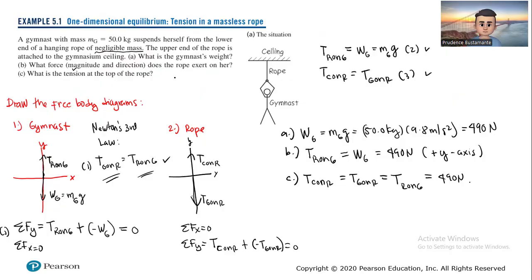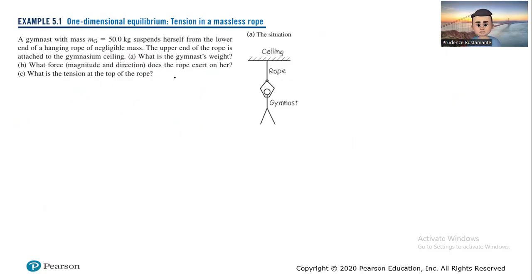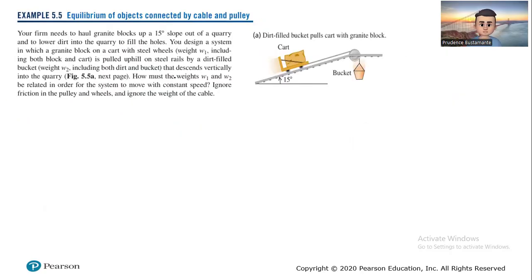Okay, so let's start on another problem here. This is equilibrium of objects connected by a cable or a pulley. Your firm needs to haul a granite block up a 15-degree slope out of a quarry and to lower dirt into the quarry to fill the holes.